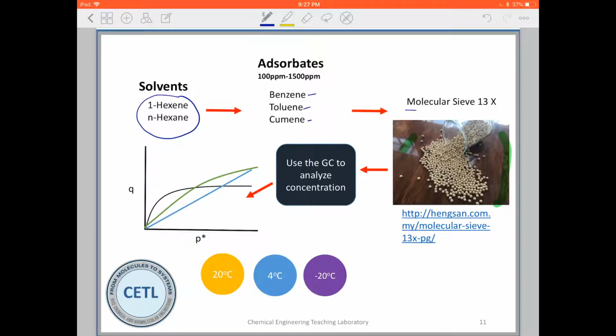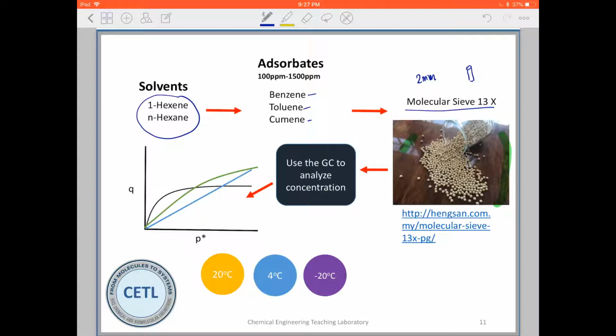Now molecular sieve 13X comes in different shapes. You can see these little tiny balls here. The ones in the lab you'll be using are 2 millimeter balls, and I've also seen molecular sieves that are more cylindrical that look like that.